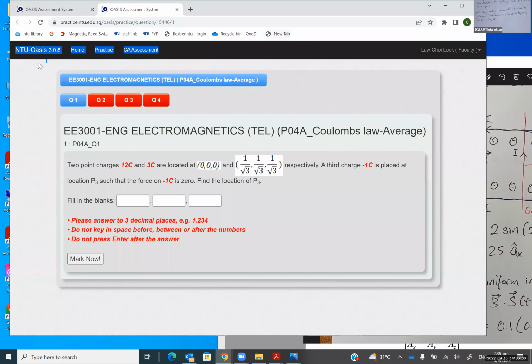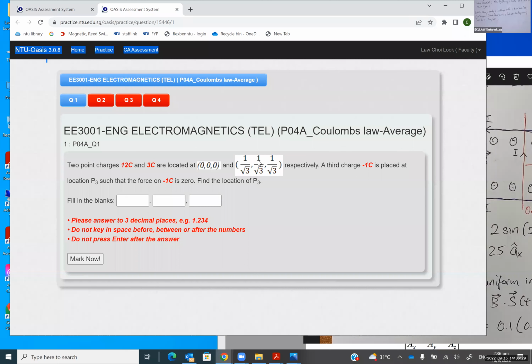So in other words, the 12 coulomb is located at x equal to 0, y equal to 0, z equal to 0. The 3 coulomb is located at this xyz location. A third charge of -1 coulomb is placed at some location such that the force is 0. Find that location.